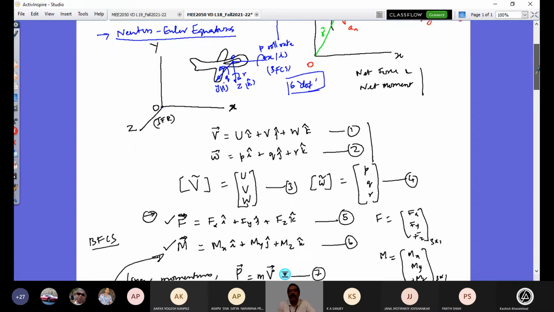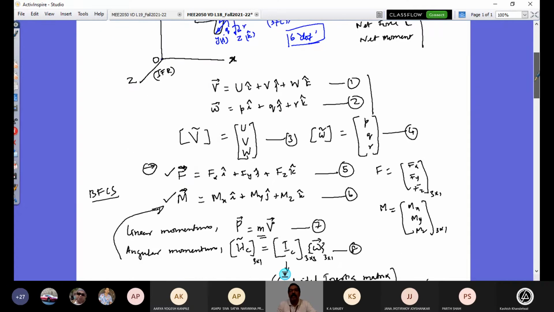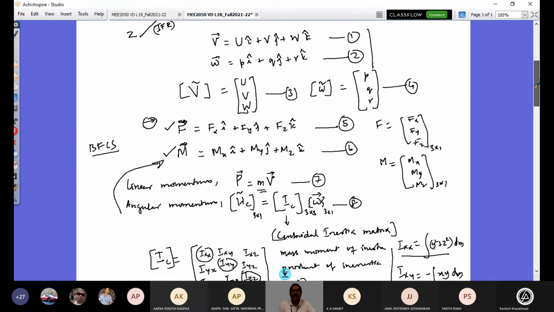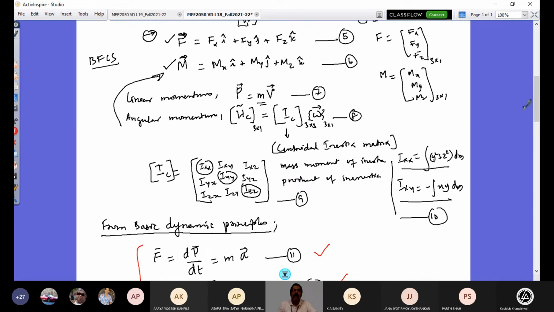And essentially, by the principle of linear momentum and angular momentum that we have seen, the force is the rate of change of linear momentum, and the moment is the rate of change of angular momentum. So in that process, we defined the angular momentum. That's also a vector, but it is dictated by the centroidal inertia matrix.